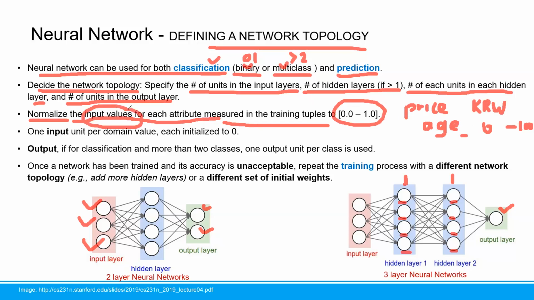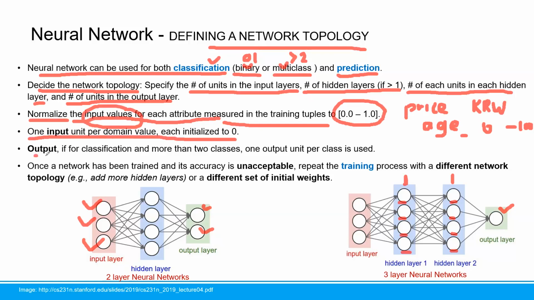So they have similar grouping numbers, so you can use it for the analysis. One input unit per domain value is initialized to 0. So we can say that the initial value is 0.